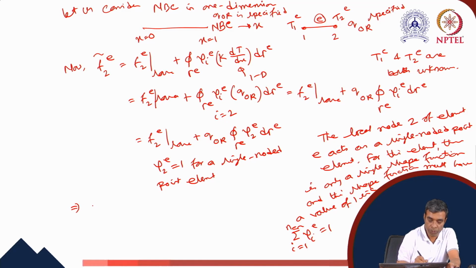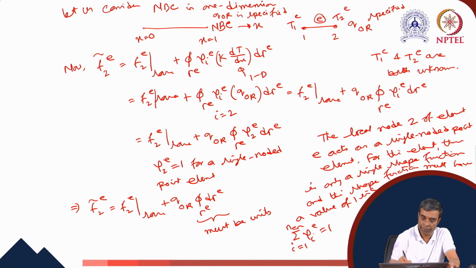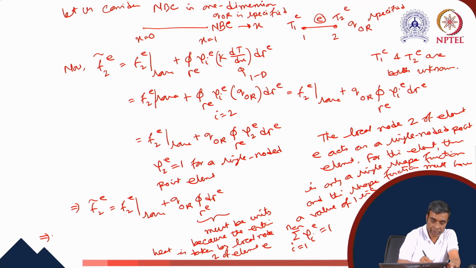So this reduces to F2E tilde equals F2E source plus Q0R into the boundary integral of d gamma E. Now this term must be unity because the entire heat is taken by local node 2 of element E. So this gives us F2E tilde equals F2E source plus Q0R.